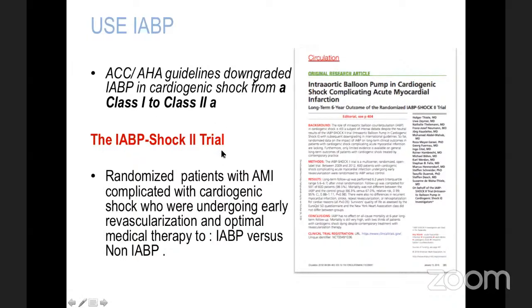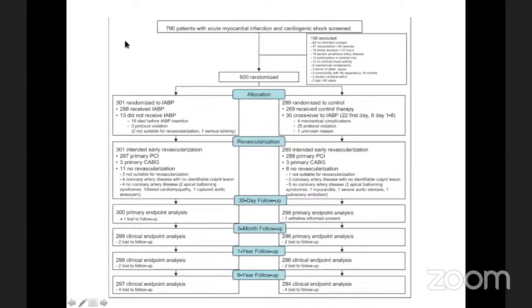In the IABP-SHOCK II trial, they randomized patients with acute MI complicated by cardiogenic shock, undergoing early revascularization and optimal medical therapy, to intra-aortic balloon pump versus no intra-aortic balloon pump. Around 600 patients were randomized to revascularization without intra-aortic balloon pump or with intra-aortic balloon pump.